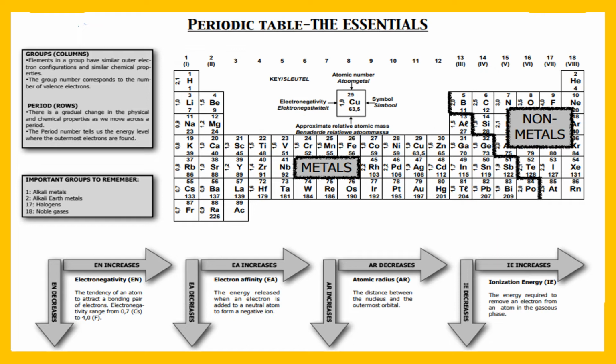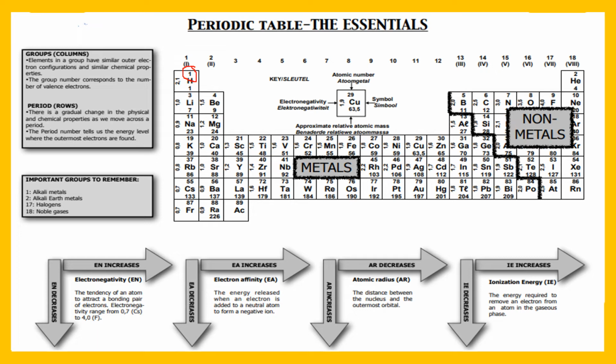Elements in a group have similar outer electron configuration and similar chemical properties. The group number of the element corresponds to the number of valence electrons. So if I say that hydrogen is in group number 1, I say that the valence electron of hydrogen is 1.